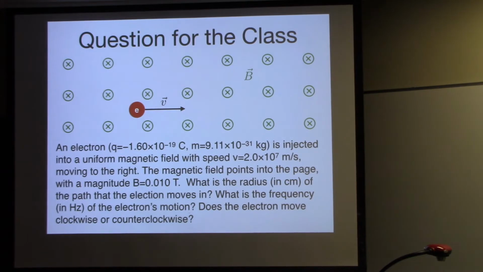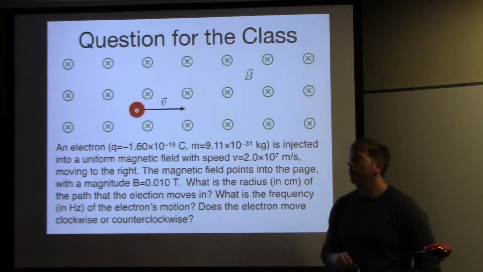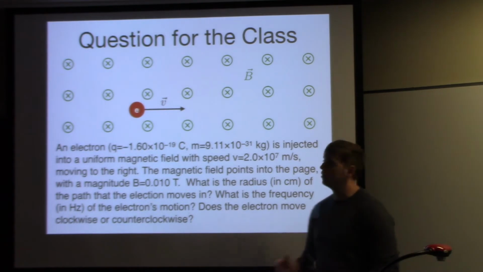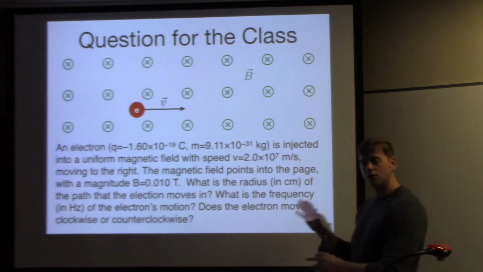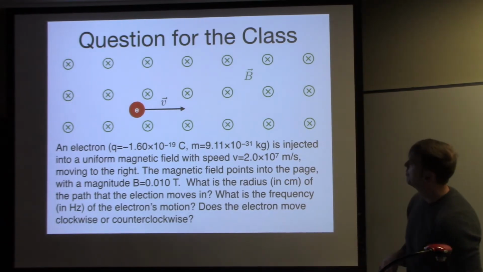Now for a question for the class. Just to reiterate, what I want you to do here is try to work this out. You're going to use those equations that we just derived. When you think you have an answer, come back to the video. So pause the video, work on this, then come back to it, and then we'll talk it over. Here's the question.